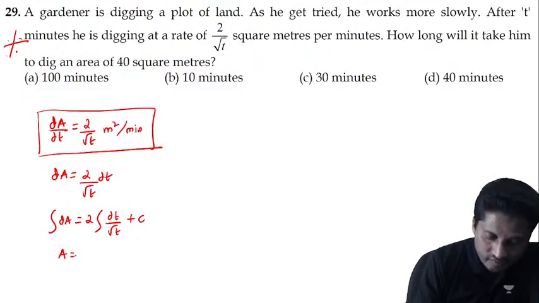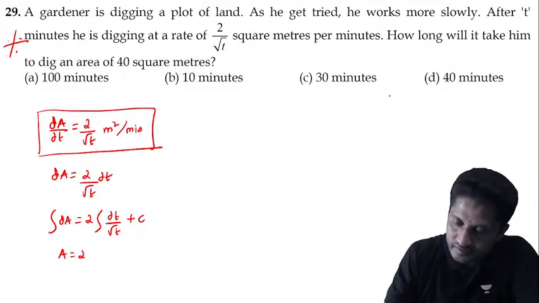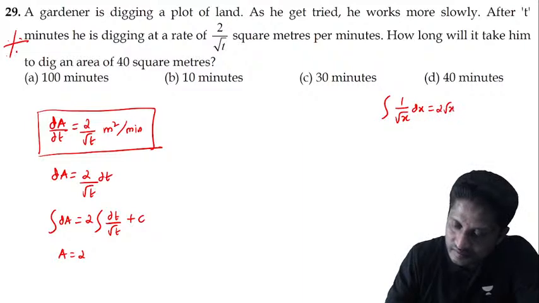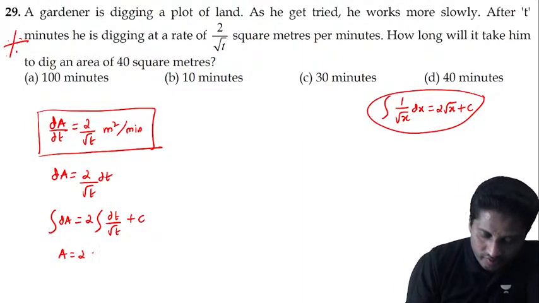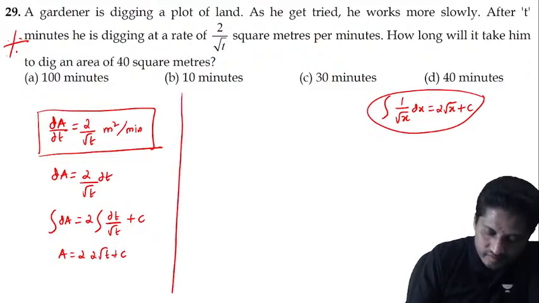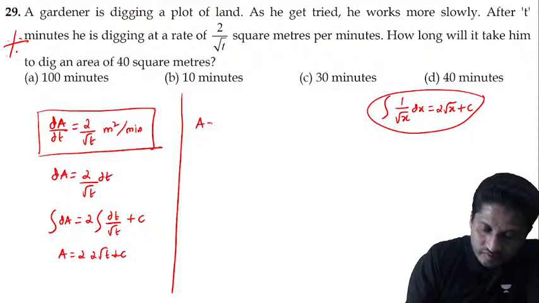Integration of dA is A, 2 times integration of 1 by root x. Integration of 1 by root x will be 2 root x, okay, and then plus c. Integration of 1 by root x is 2 root x and plus c. Okay, now area is equal to 4 root t and plus c.